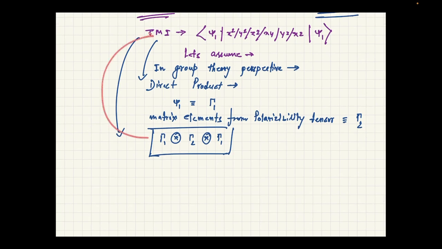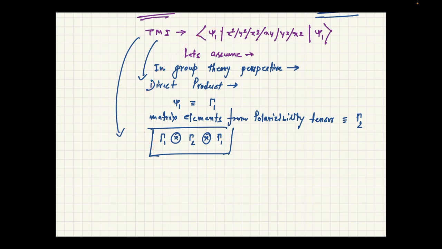Then the TMI value will be non-zero, and that particular vibration, this psi 1 normal mode from v equal to 0 to v equal to 1, which means this gamma 1 representation, will be Raman active.